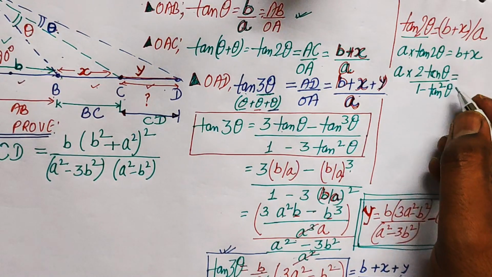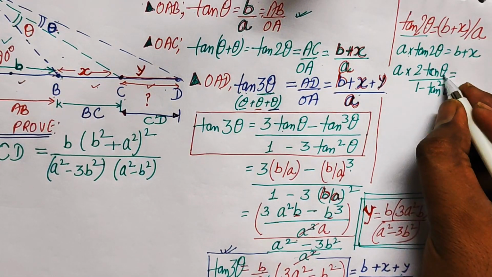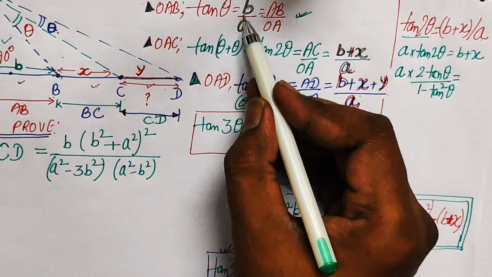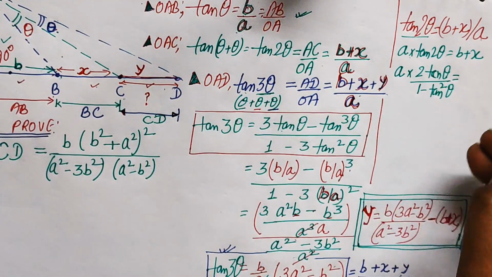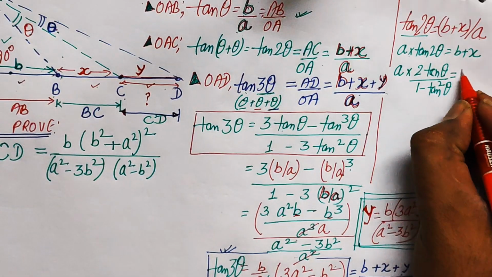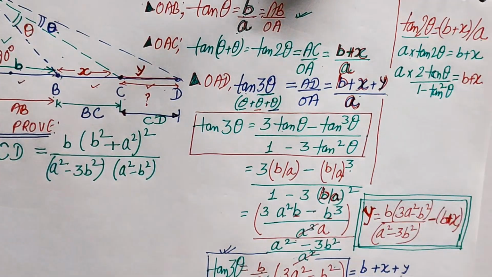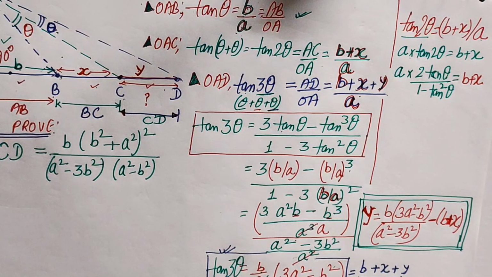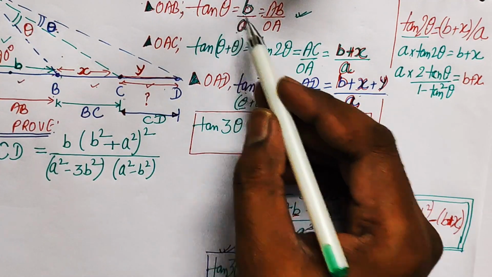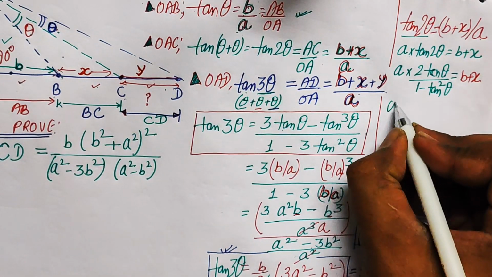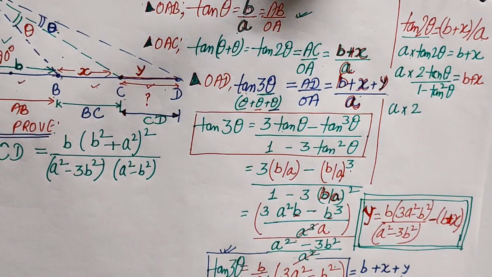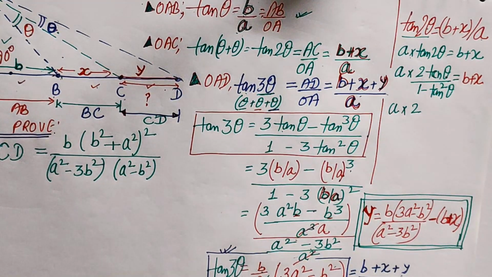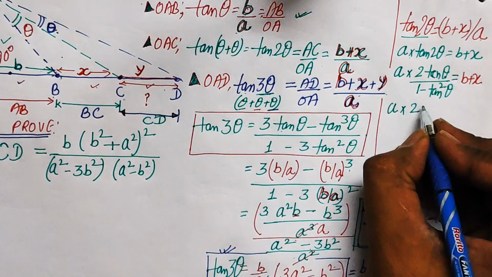So here you can see that tan theta is coming. Now we'll put up the value of tan theta as b by a from here. So into the RHS, b plus x will be coming as usual, right? So just put up the value of tan theta as b by a over here. So this will be a into 2 times, in place of tan theta, write b by a.